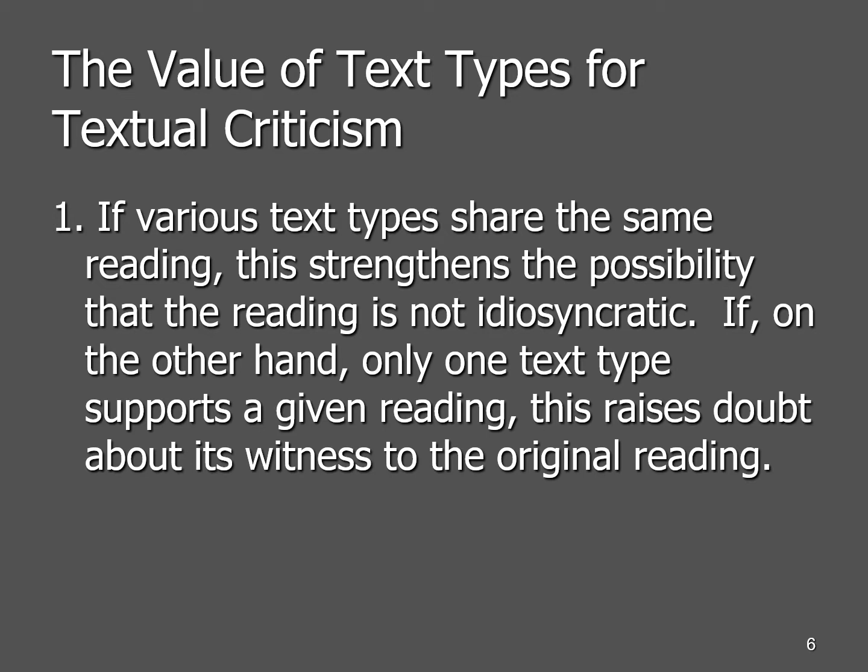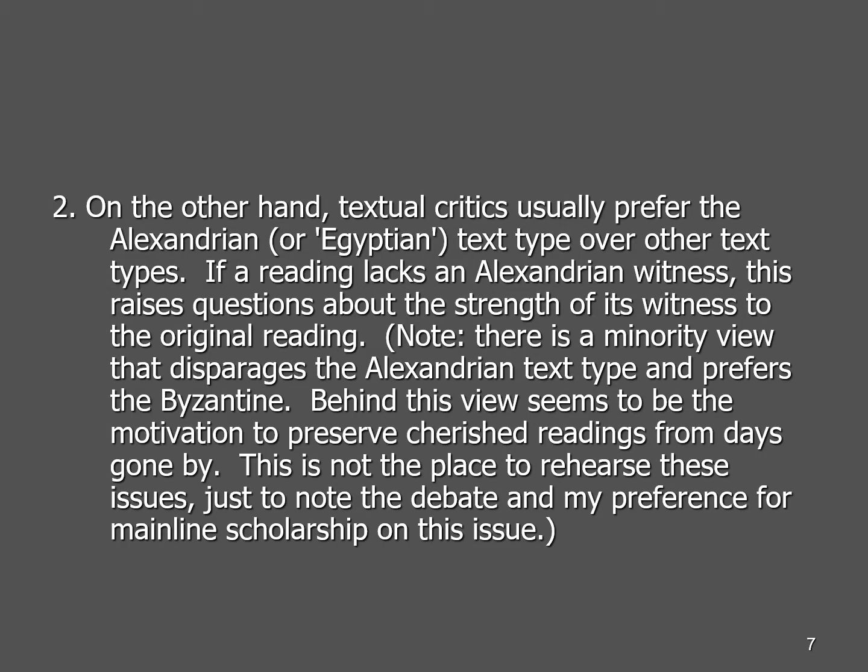If, on the other hand, only one text type supports a given reading, then this raises doubt about its witness to the original reading. On the other hand, secondly, textual critics usually prefer the Alexandrian or Egyptian text type over other text types.